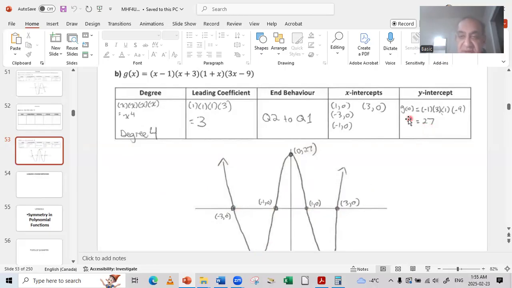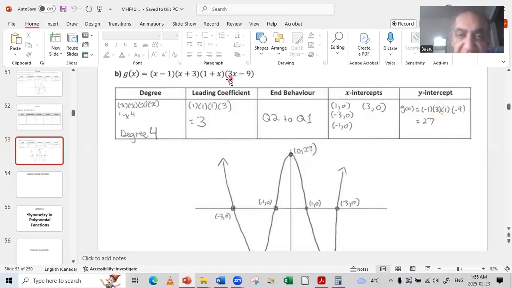When x is 0, let x be 0: 0 minus 1 will be minus 1 here. x plus 3, so 0 plus 3 will be 3. 1 plus x, so 1 plus 0 is 1.